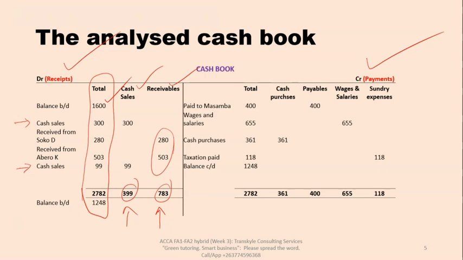Therefore, the cash account in the general ledger would also be showing the same information. The general ledger is represented by the cash book when it comes to cash and bank transactions, so the debits are as they appear in the general ledger.